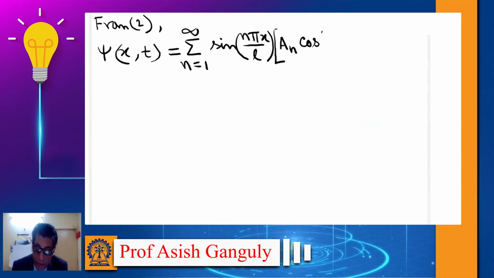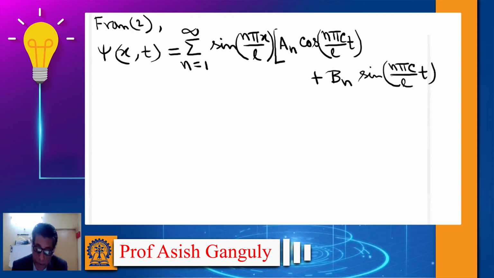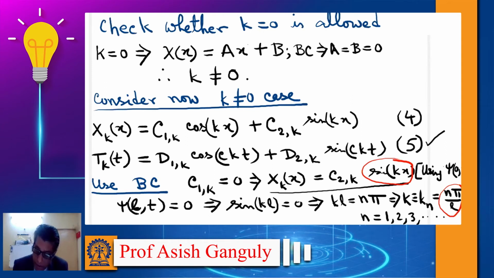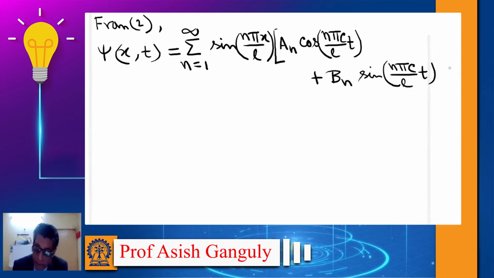We put k, so there will be no k now. Plus Bn sine n pi c by L times t. What is the label of this equation? Okay, let's see. We were up to 6. So let me label it as equation 7.